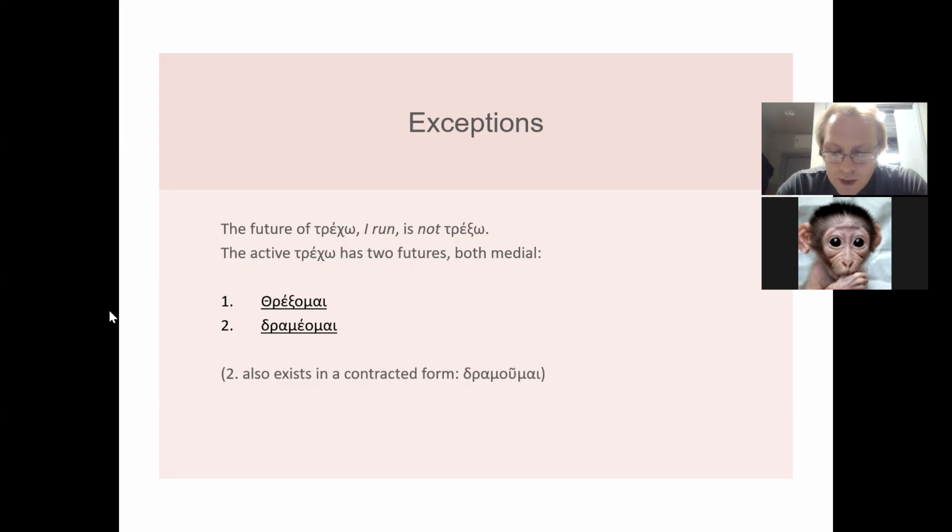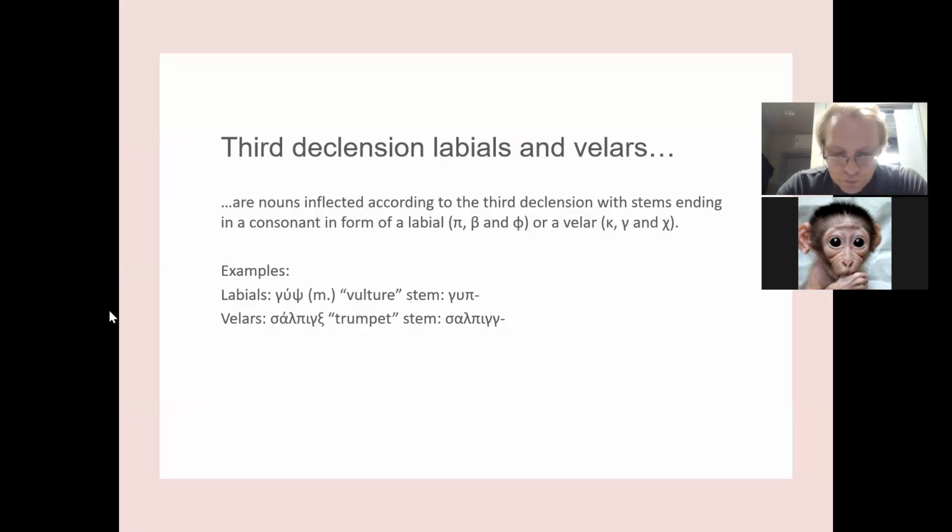But let's now turn to the third declension nouns that we have on our agenda today. These are the nouns which have stems ending in a labial or a velar consonant. One example of each of these will be enough for us today.